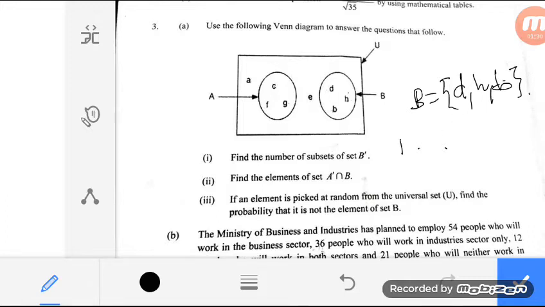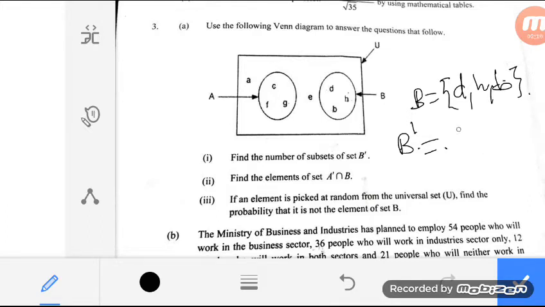What about the subsets of B complement? Remember, the elements of B are also subsets of B. This is a very easy concept from sets, on the front page of your topic: the elements of a certain set are also subsets of it.